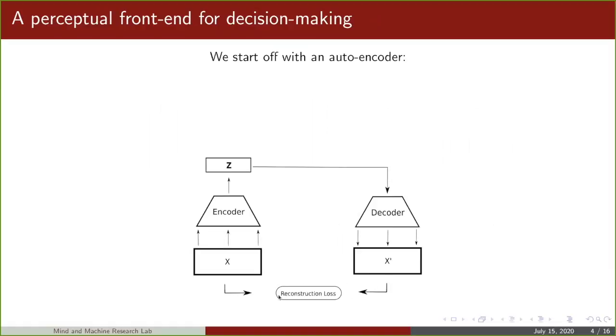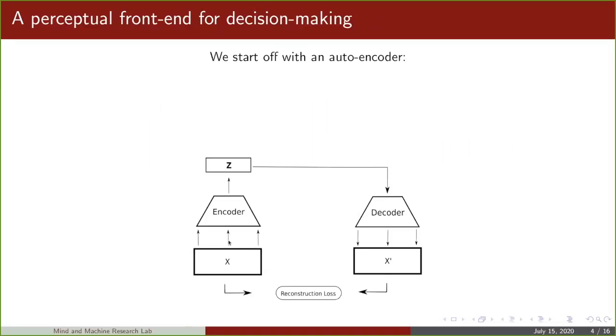And we can minimize the reconstruction loss between the two. The idea being that by doing this, the latent representation Z will try to preserve as much relevant information as it can for reconstructing the input, and the capacity, the dimensionality of this representation, will influence how much it can capture from the input stimulus itself.